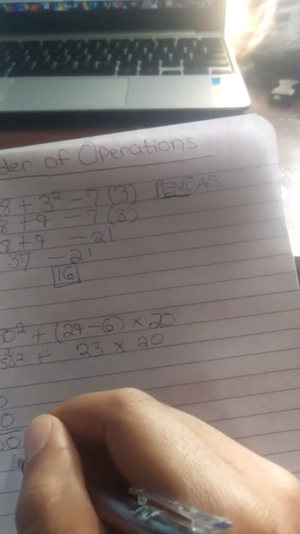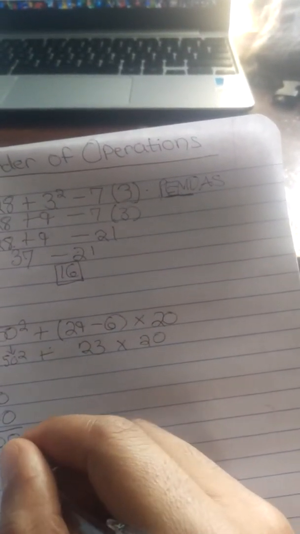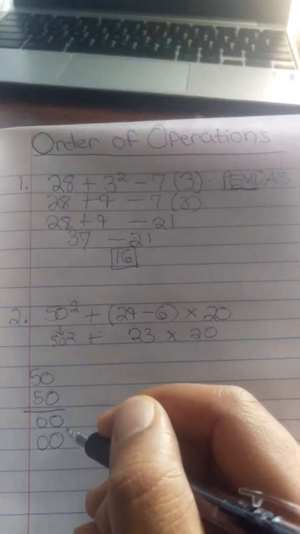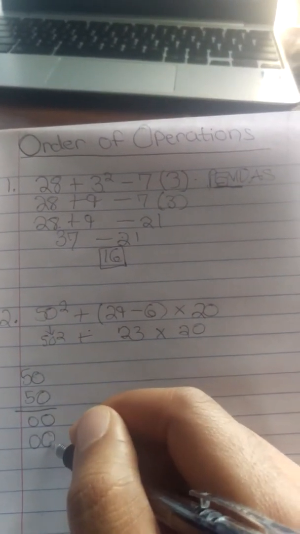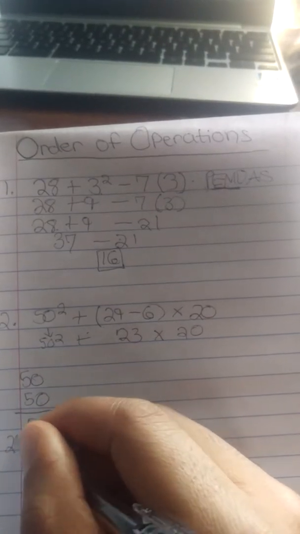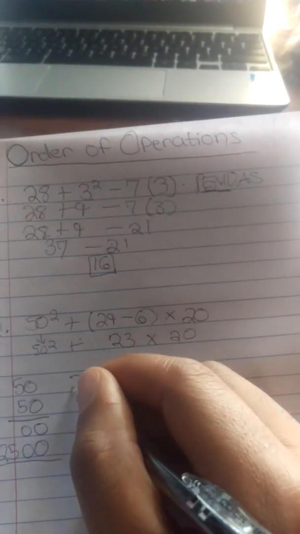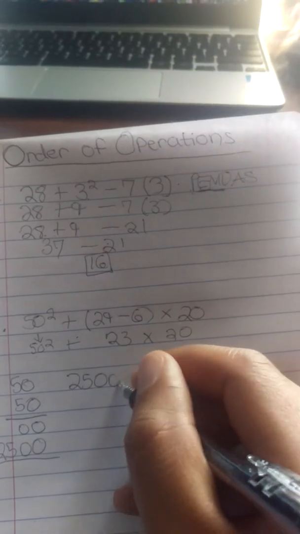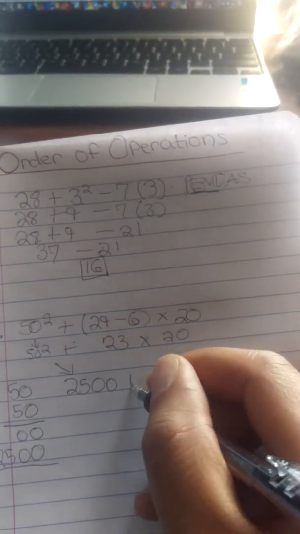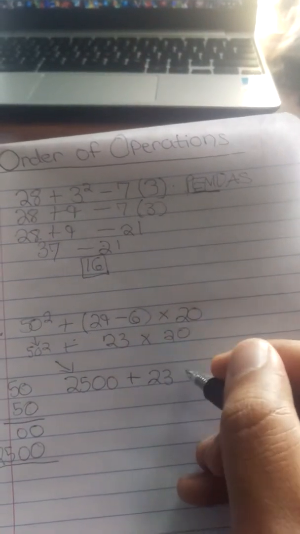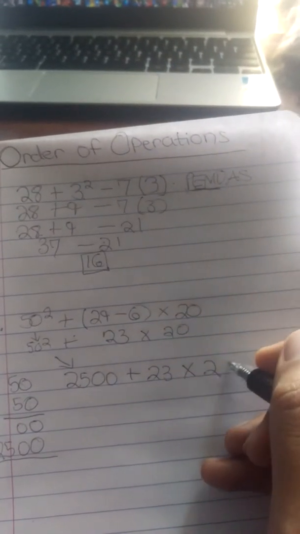Let's see. Just doing a little bit of small work right here. 0, 0, 0, 25. So that's 2,500. So we're going to bring that down. Add 23 times 20.